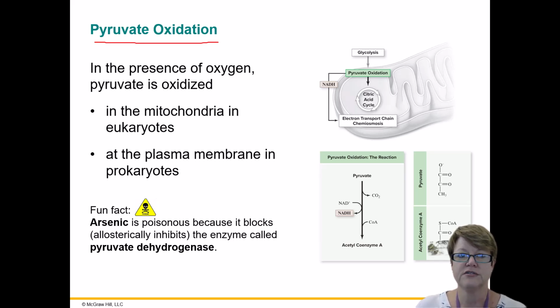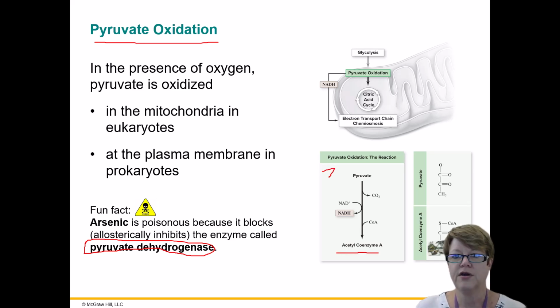Pyruvate oxidation is only a one-step process. There's only one enzyme, and the enzyme is called pyruvate dehydrogenase. Pyruvate dehydrogenase is the enzyme that catalyzes the conversion of pyruvate to something called acetyl-CoA.